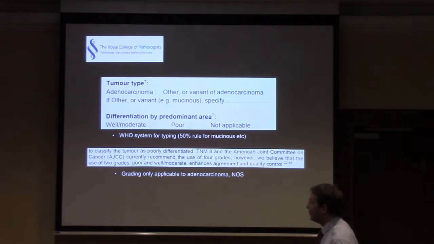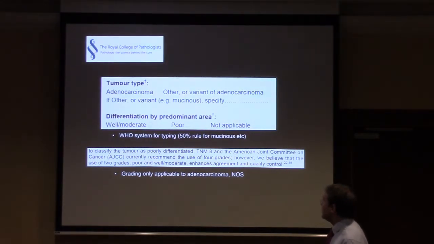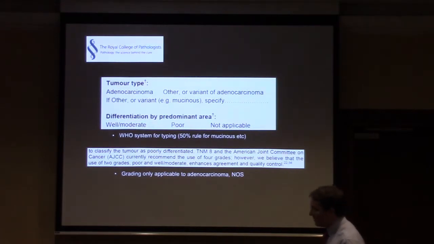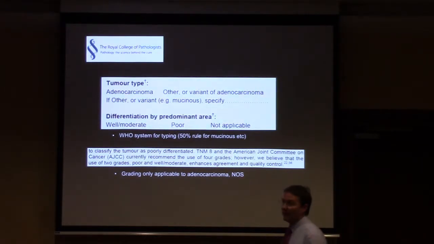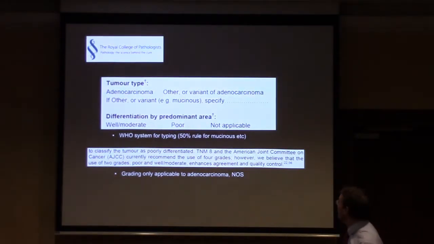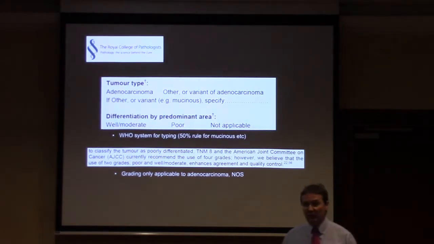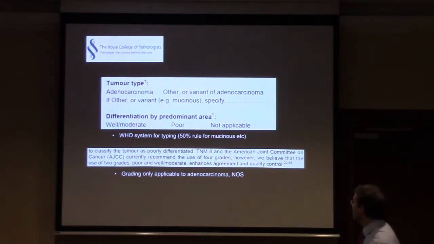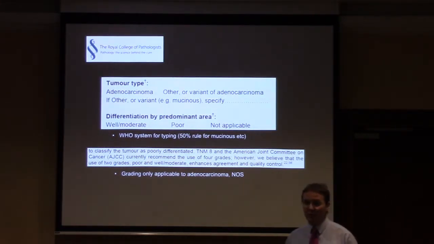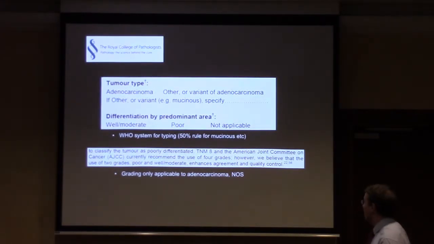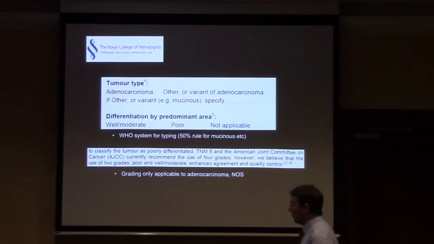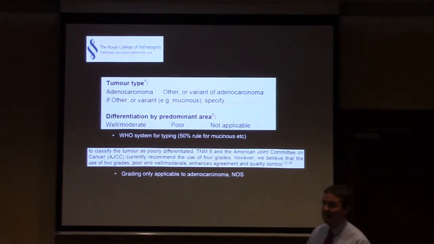So if we just methodically go through the different areas that we're going to be diagnosing and address each of them individually, spending a bit more time on some of the more complicated ones. To start off with, obviously we're typing our tumours histologically, and the vast majority of them are adenocarcinoma not otherwise specified, but there's a long list of various subtypes, of which mucinous and signet ring cell would be 2 common examples. We basically follow the WHO system, which will be unchanged, which is you need 50% to qualify for application of that specific subtype.